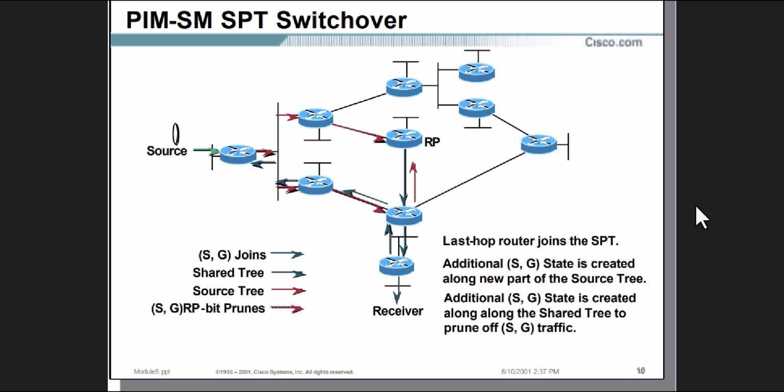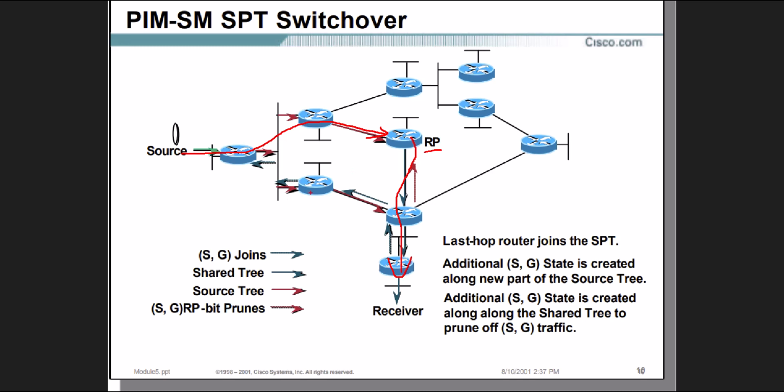One other thing I want to talk about is the PIM Sparse Mode SPT switchover, and SPT here stands for shortest path tree. Just to pick up from our previous example, once the receiver has joined the group, it is happily receiving traffic from the rendezvous point, right? But in order for the rendezvous point to get this traffic in the first place, it needs to be sent from the source to the rendezvous point, and there is a specific branch which needs to be built for that, right?